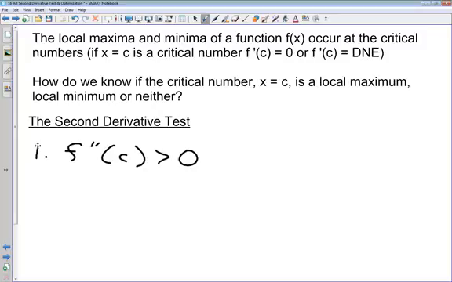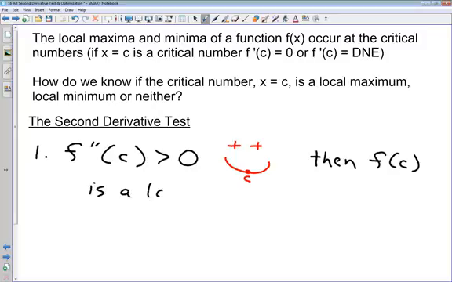If our second derivative is positive, we know that at that point our curve is concave up. That's going to tell us that this point here, c, right down there at the bottom, must be a local minimum. So that's our conclusion: if our second derivative is positive, then f at c is a local minimum.